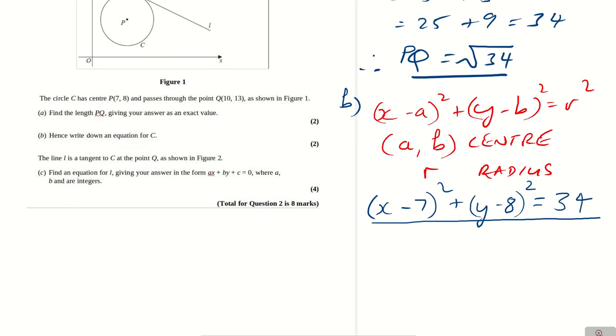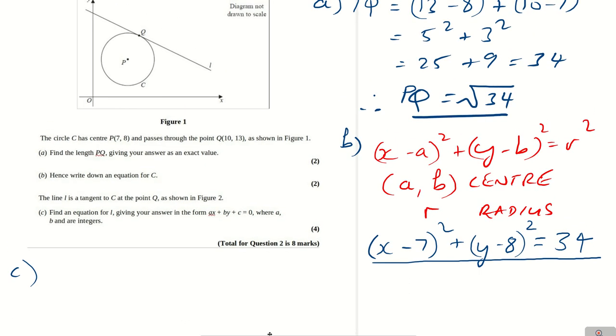Now, part C. The line L is a tangent to the circle at the point Q. Right, now to do this part of the question, there's something vital that you need to know.